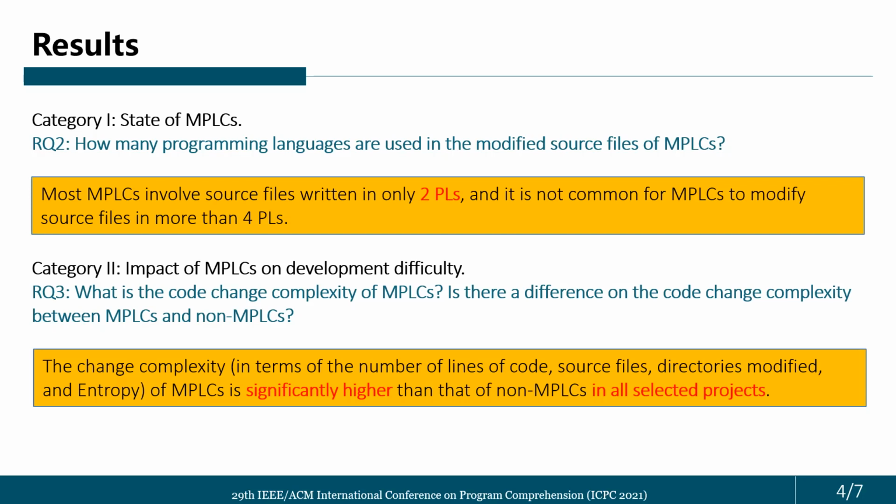We further ran Mann-Whitney U-tests on the 4 measures of MPLCs and non-MPLCs for each project. The results show that the change complexity of MPLCs is significantly higher than that of non-MPLCs in every selected project.